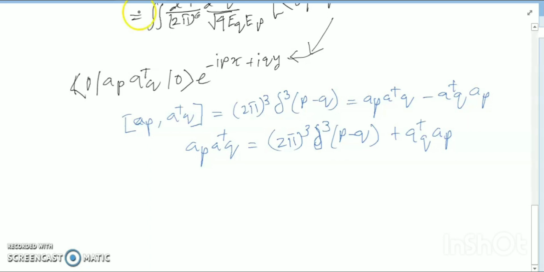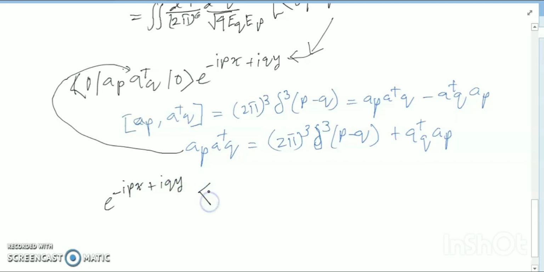So use this value in here. We plug in this value, and whatever we get: e to the power minus ipx plus iqy, vacuum 0, (2π)^3 delta^3(p minus q) plus a_q dagger, a dagger operator, a_p, and 0.